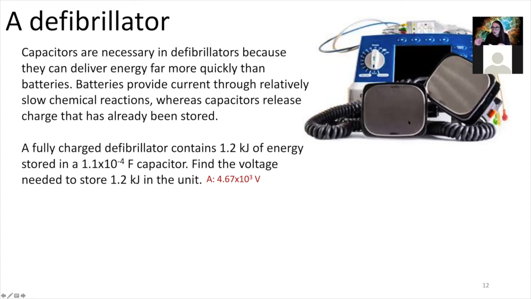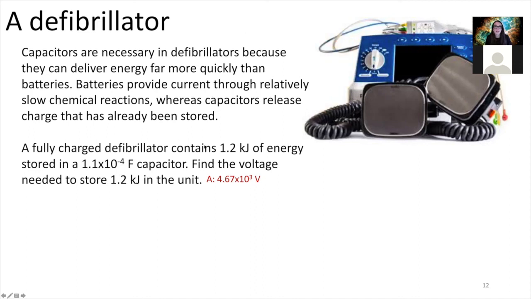You put those paddles, those metal conductors, onto a person, and you discharge the capacitor. And that sends a very quick potential difference through their bodies, and that can jumpstart your heart. Your heart is an electrical device. It works through electrical signals. And sometimes the electrical signals get all messed up, or they stop, or they slow down, and you have to jumpstart them. And that's what a defibrillator does.